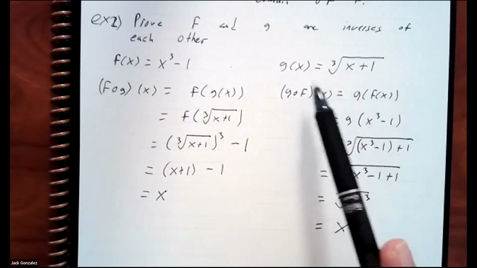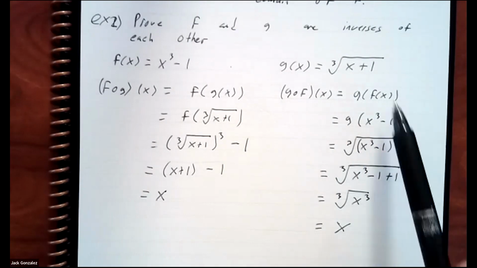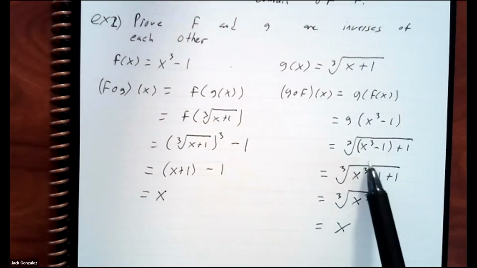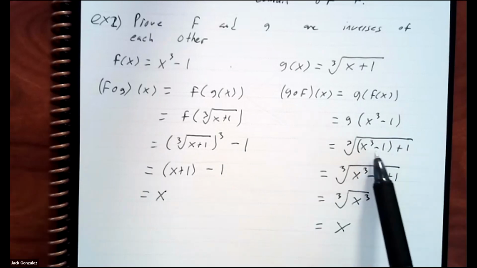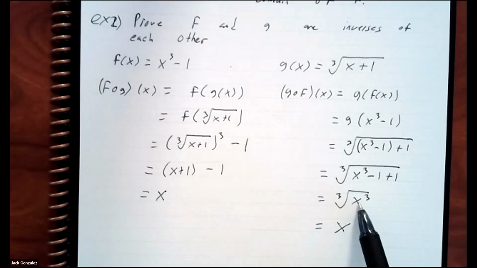The other direction, input F, I'm plugging in x cubed minus 1 into this specific X there. So there it is. X cubed minus 1 plus 1, those ones are going to cancel. Cube root of a cube is X. So we've shown that, yeah, it's true.